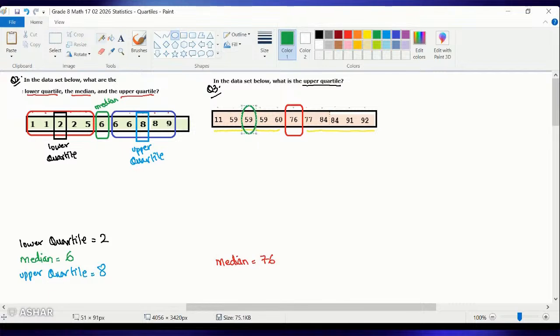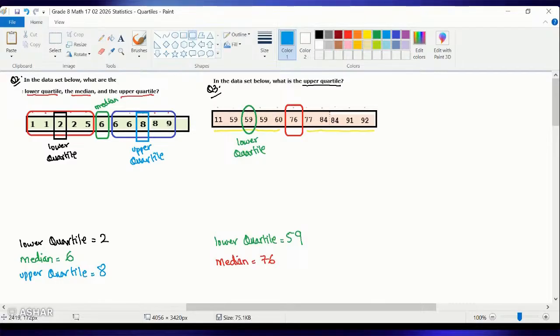Right? 59 is the middlemost value for the remaining values on the left side. So we can say that this is the lower quartile. That means we can say the lower quartile is 59. Agreed?